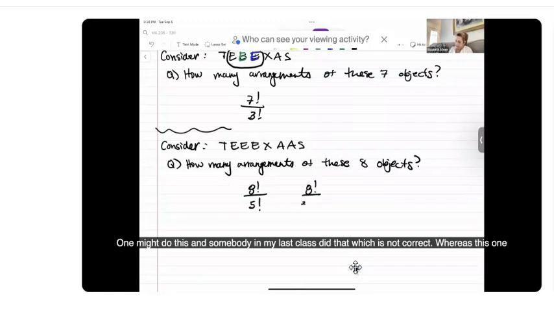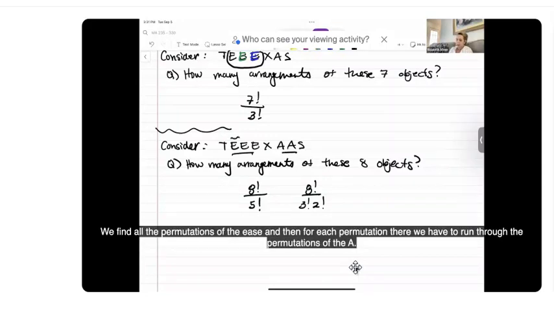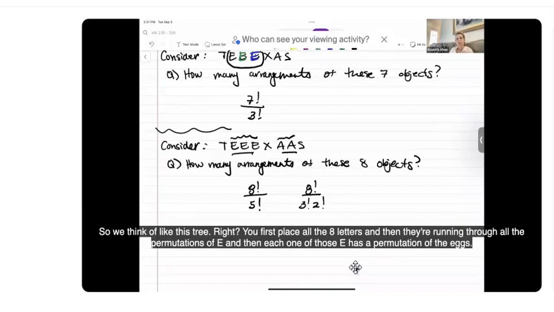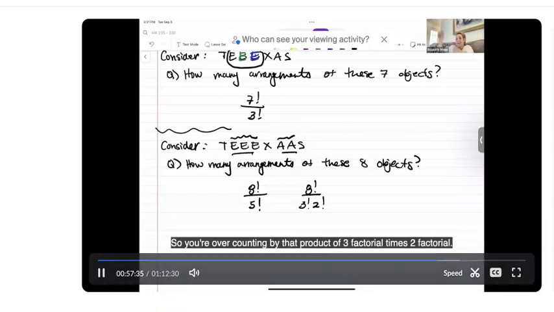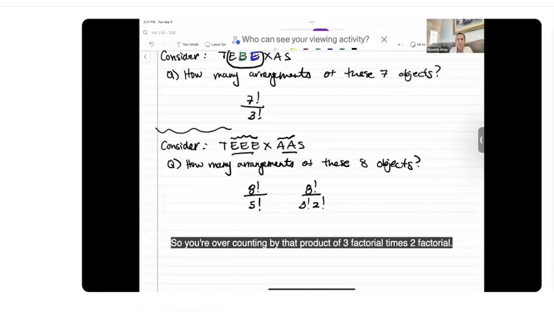Whereas this one is correct, right? So these E's and the A's are not the same thing that's getting permuted. We find all the permutations of the E's, and then for each permutation there, we have to run through the permutations of the A's. So we think of it like this tree, right? You first place all the 8 letters, and then they're running through all the permutations of E, and then each one of those has a permutation of the A's. So you're overcounting by that product of 3 factorial times 2 factorial.